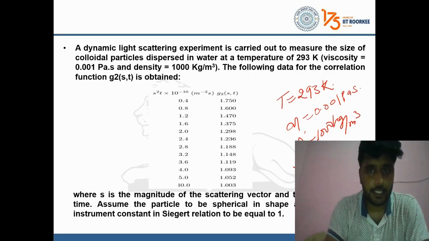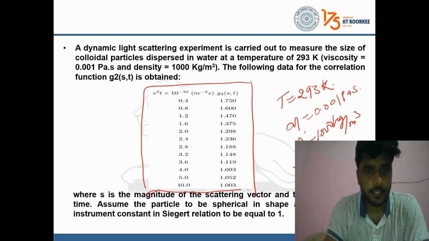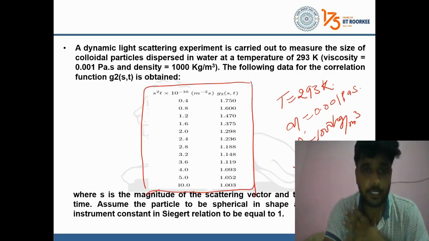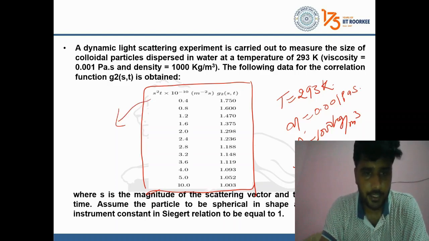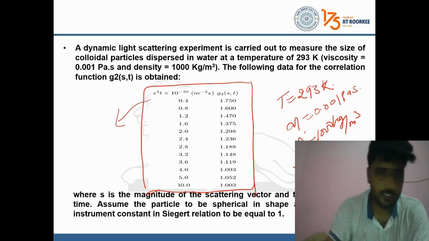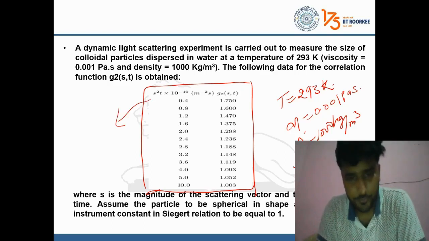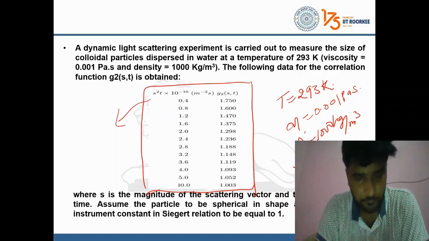The following data for the correlation function is given here. S here is the scattering vector, and t is the delay time. Assume the particle to be spherical in shape and the instrument constant in the Siegert relation to be equal to 1.